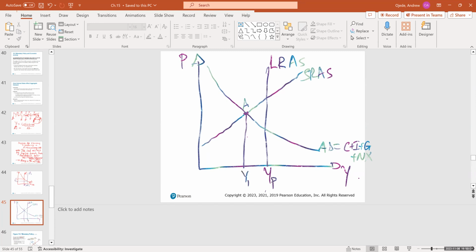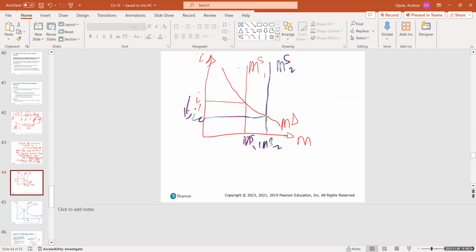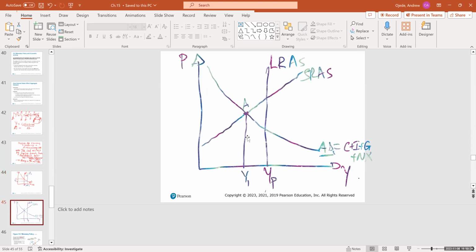So the question is, how can the Fed make the economy produce at its normal output? The Fed is going to boost aggregate demand. When they lower the interest rate through bond purchases, lowering the discount rate, or lowering the reserve requirement, the money supply increases and interest rates fall. Interest rates affect the components of aggregate demand: consumer spending goes up, investment spending goes up, and net exports go up.